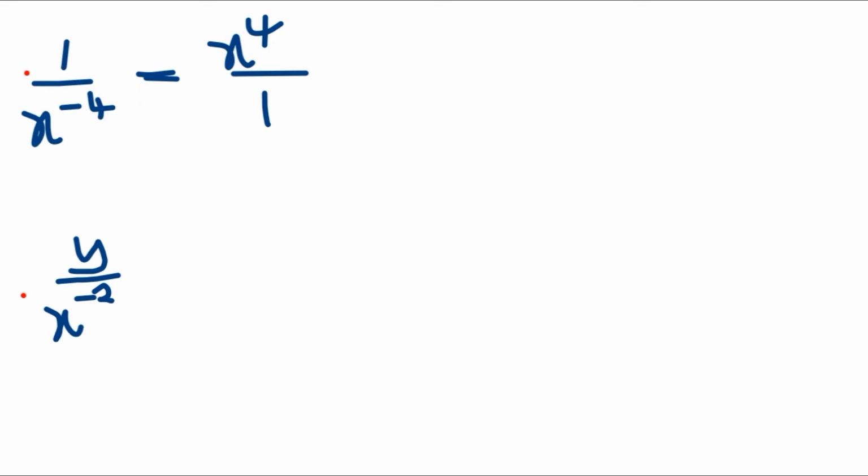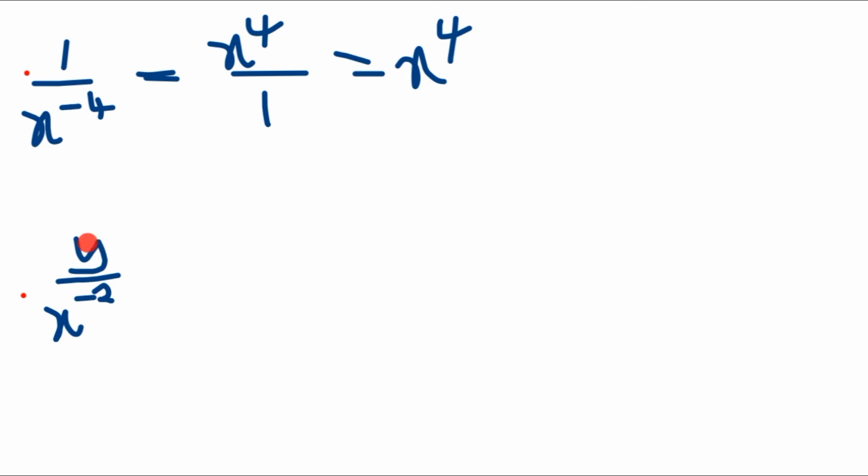When x goes up, it automatically changes the exponent from negative to positive. So you'll have this expression right here, and this can further simplify to x to the power of 4, because anything divided by 1 is that number. Now what if you have y over x to the power of negative 2?